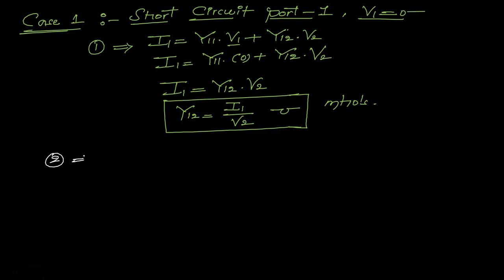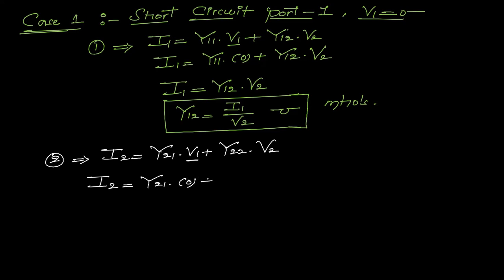From equation number 2, I2 is equal to Y21 V1 plus Y22 V2. When we short circuit port 1, the value of V1 is 0. Substitute that value here: I2 is equal to Y21 times 0, plus Y22 V2. Here Y21 times 0 is 0, and the remaining two terms are Y22 and V2.